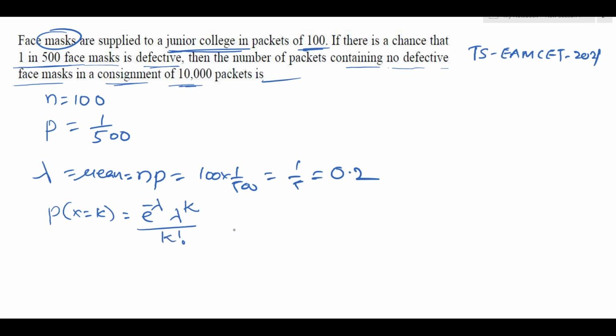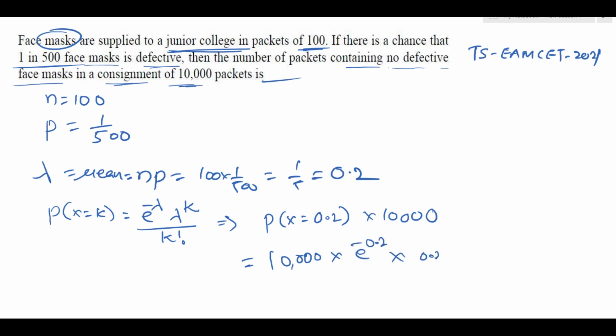So in 1000 packets, the number of packets containing no defective mark is 1000 into P of x, that is equal to 0.2 into 1000, that is equal to 10,000. That is 10,000 into e power minus 0.2 into lambda square, that is 0.2 whole square by 2 factorial, that is 0.2 whole power 0 by 0 factorial.